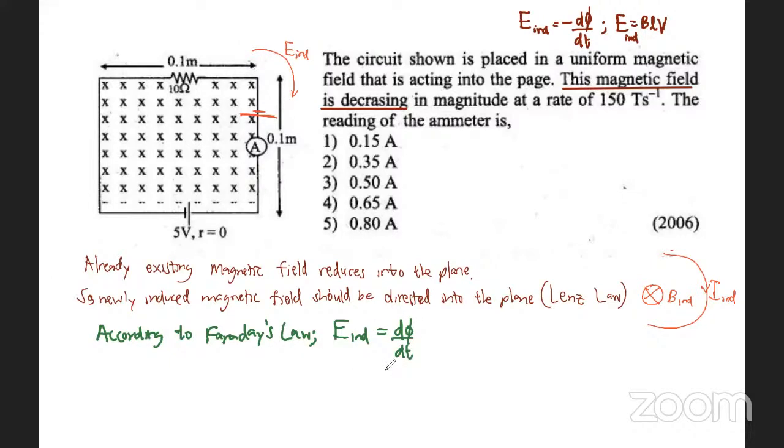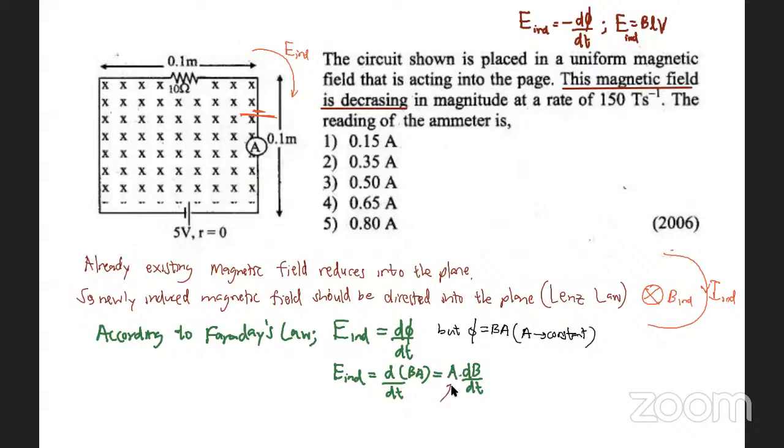So the equation is going to change: E equals A times dB over dt, right? And what is this A?